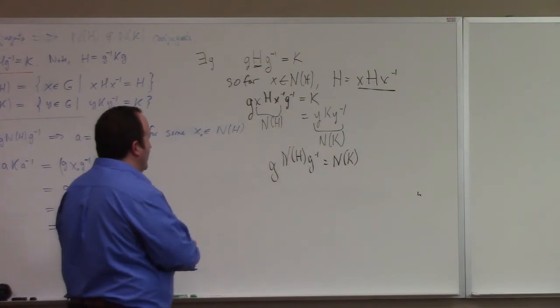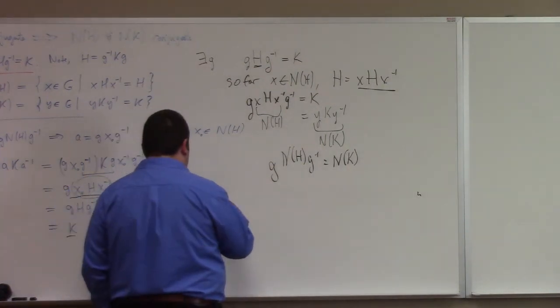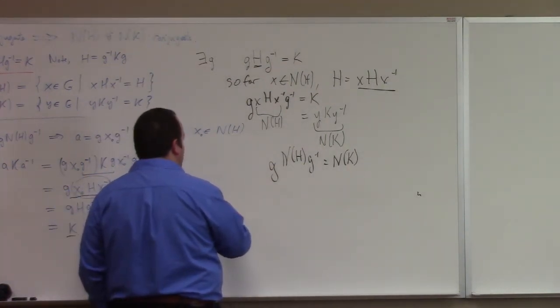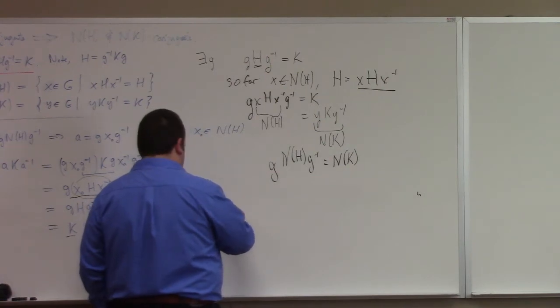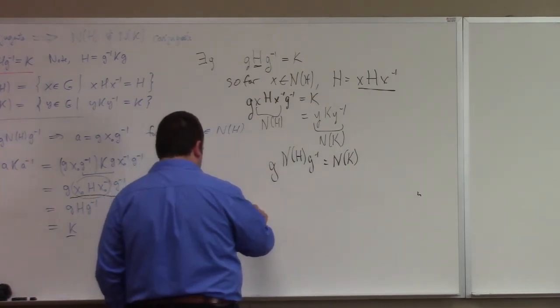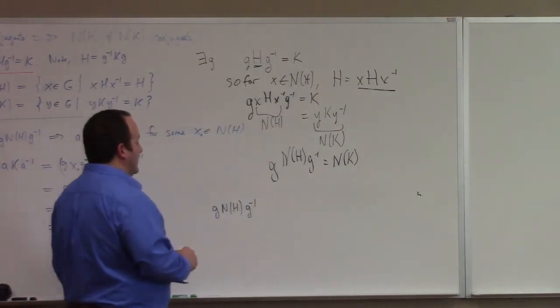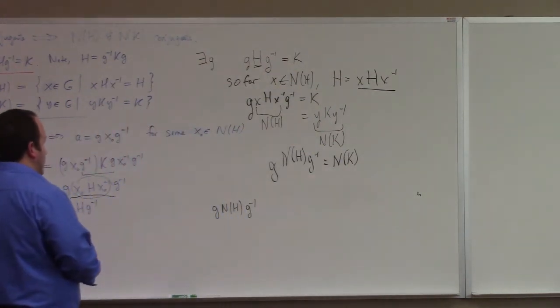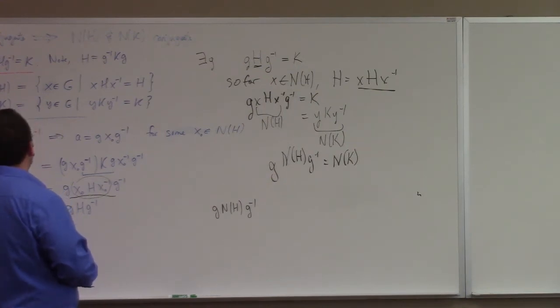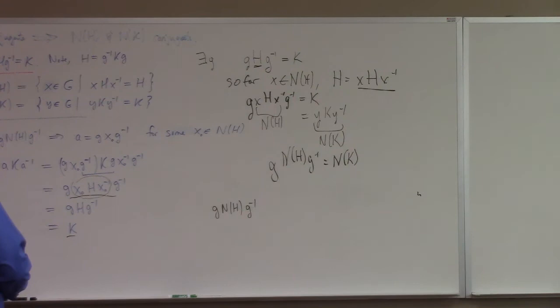Well, I need a string of things I can agree with, so n of h, that, right, is... see, but why am I looking at that? Because I'm trying to show that that's equal to n of k.